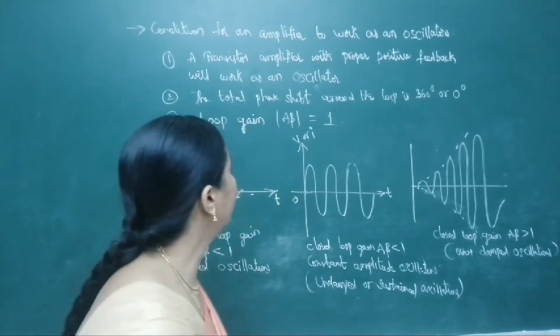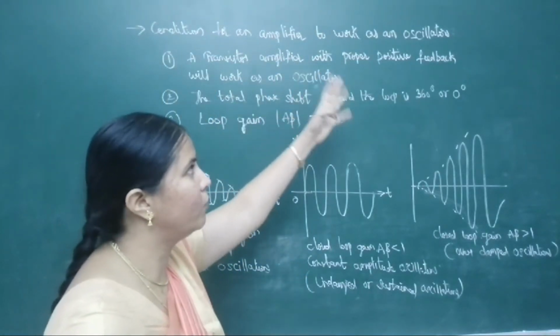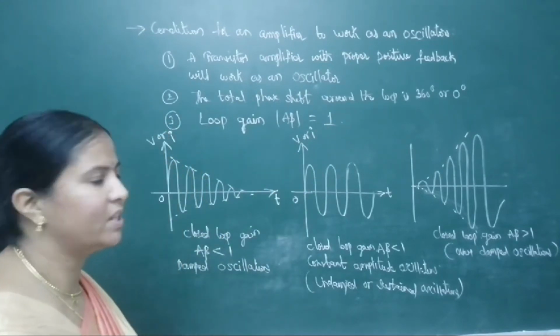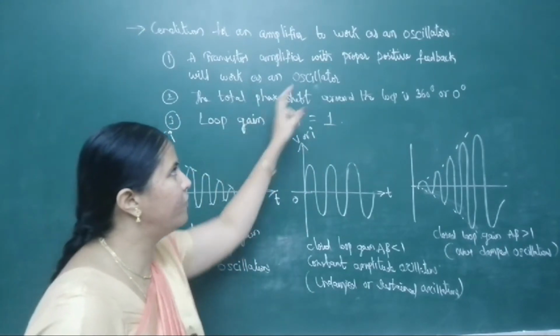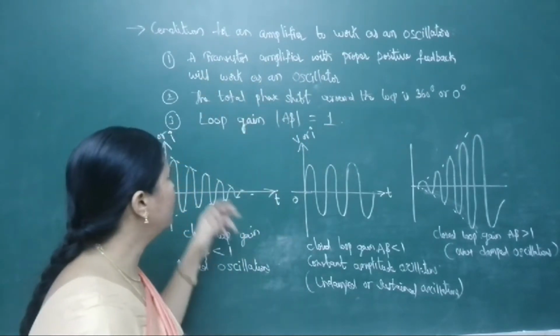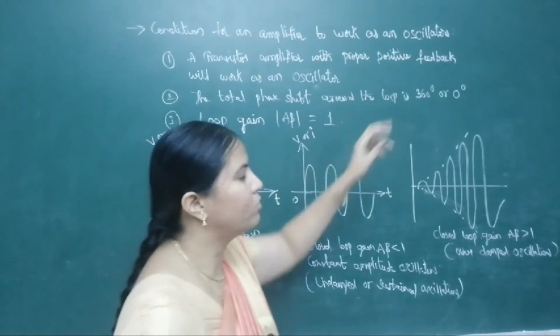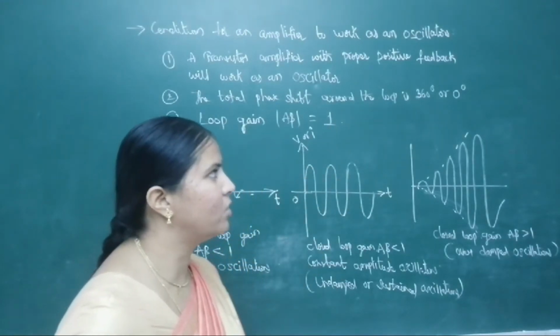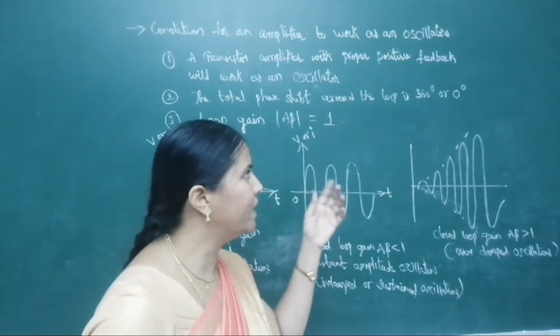What are the conditions for an amplifier to work as an oscillator? There are basically three conditions. A transistor amplifier with positive feedback will work as an oscillator, as I have already told. The total phase shift around the loop is 360 degrees or 0 degrees. How do we get 360 degrees?